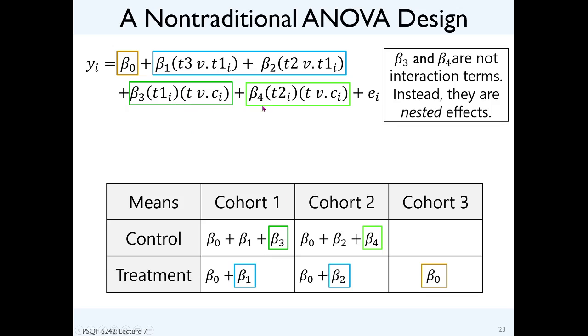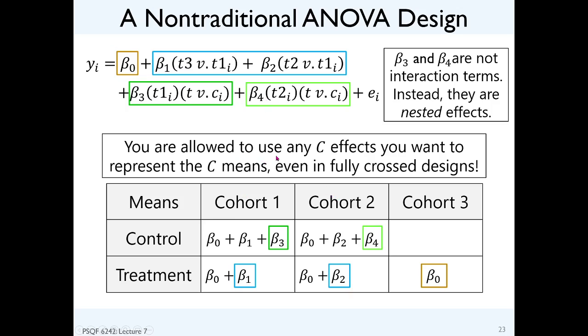So note what is not included here is a main effect of group. This T versus C term is not in the model because it can't be observed for this condition. Instead, I have T versus C entered directly into what looks like an interaction term with T1, which is cohort 1, and then another one that's entered here for cohort 2.